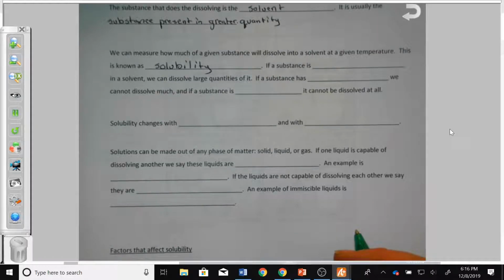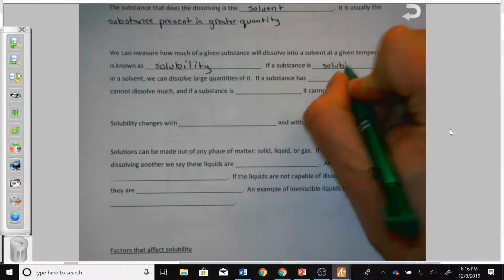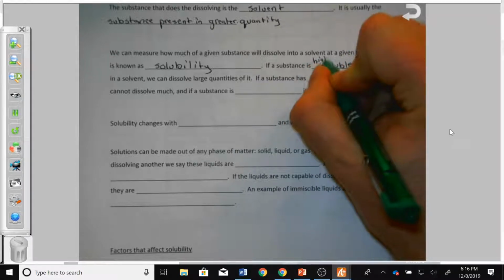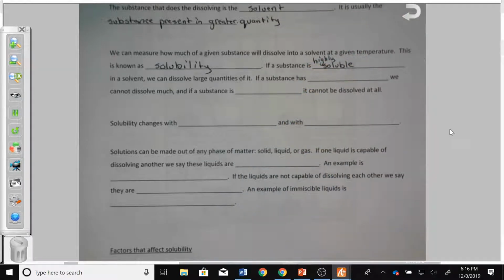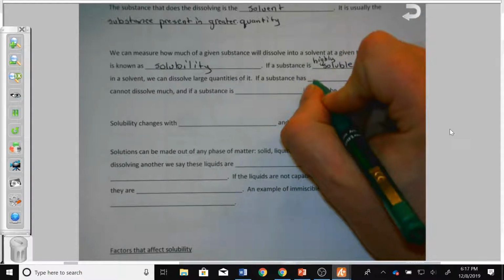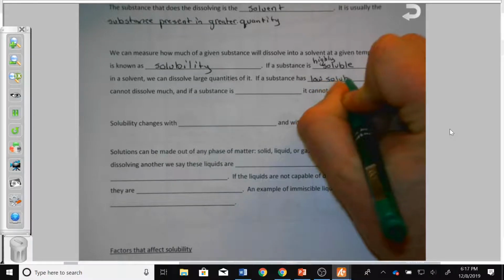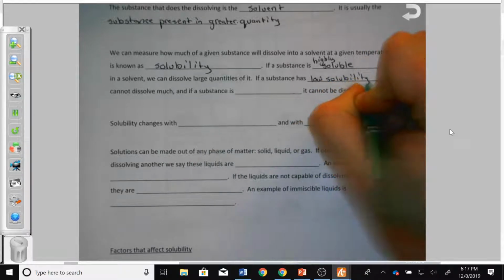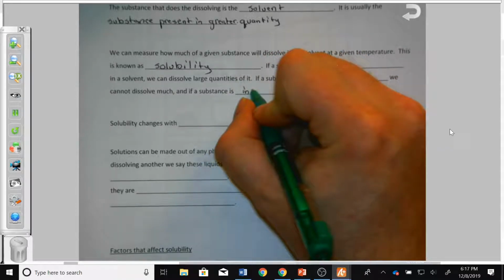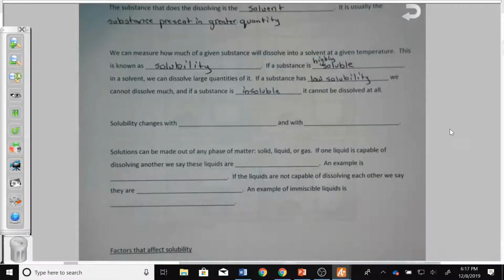If a substance is highly soluble in a solvent, we can dissolve large quantities of it. If the substance has low solubility, we cannot dissolve much, and if a substance is insoluble, it cannot be dissolved at all.